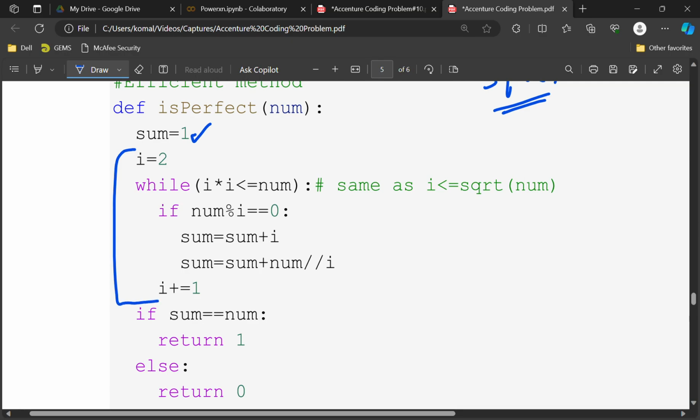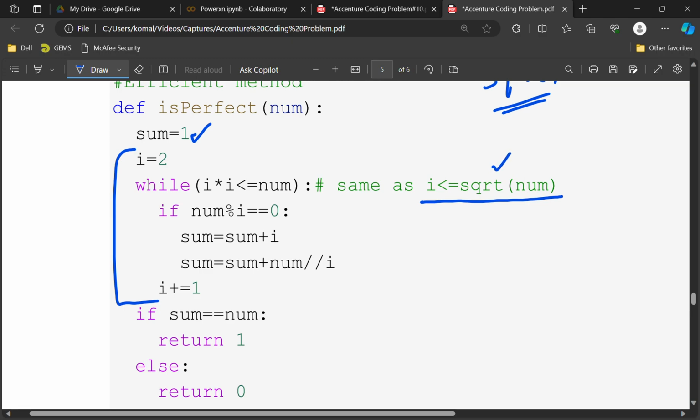i equal to 2. i starts at 2 while i square is less than or equal to num. Instead of writing i less than or equal to sqrt of num, I am writing it indirectly as i square less than or equal to num. Why I am writing it like this is, square root is a float value.